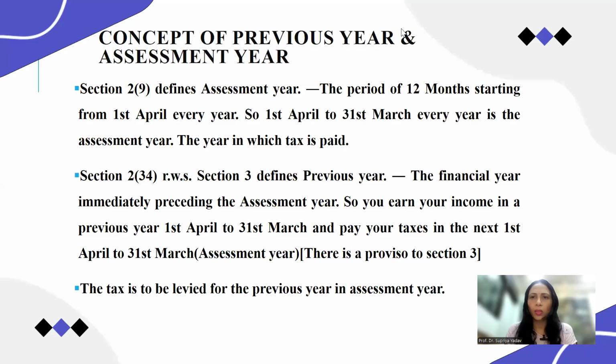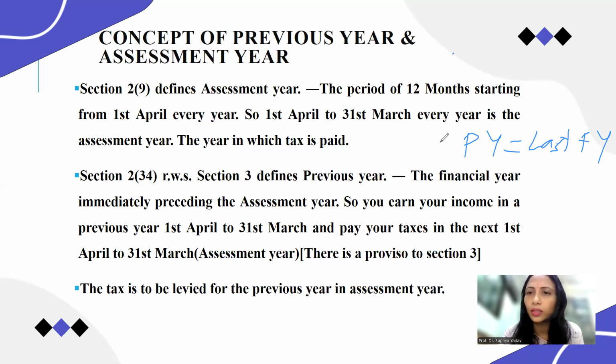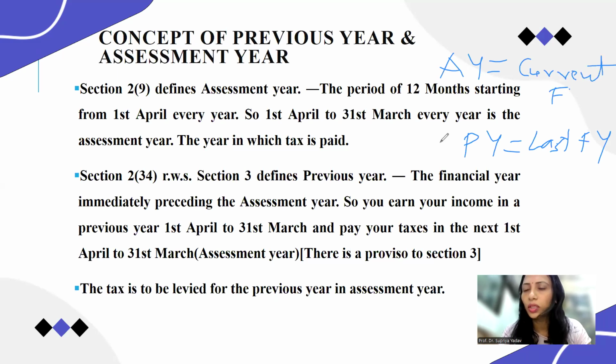So how are the previous year and assessment year different? Let's see. First, what is the previous year? The previous year means the last financial year. Please bear with my handwriting. And the assessment year is the current financial year.